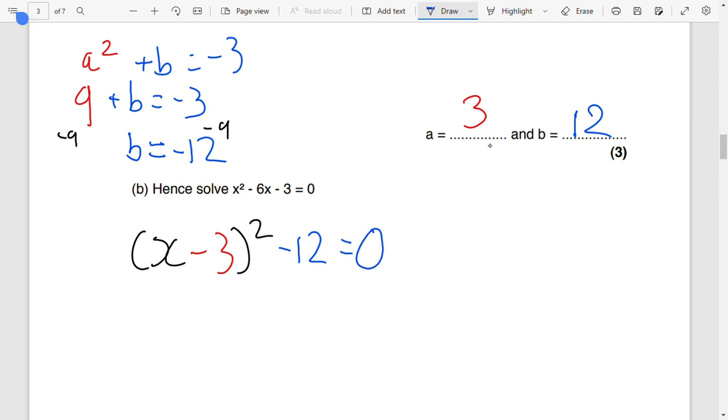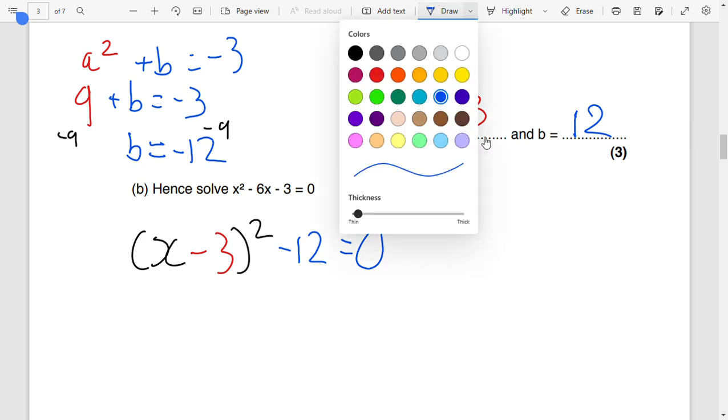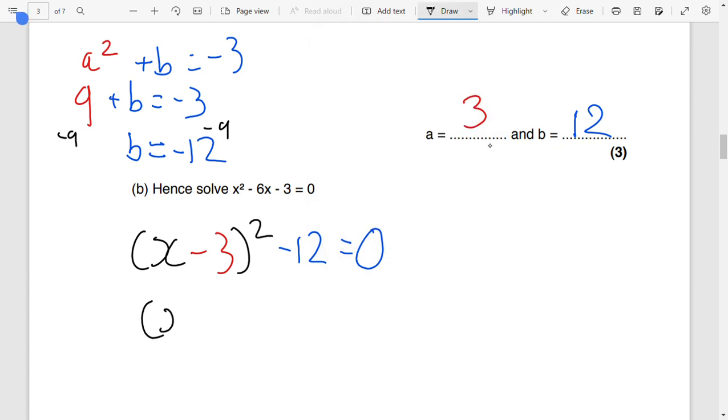So we're going to do what we always do, get rid of the outermost part of the equation. So that is going to give us (x minus 3) squared equals 12.